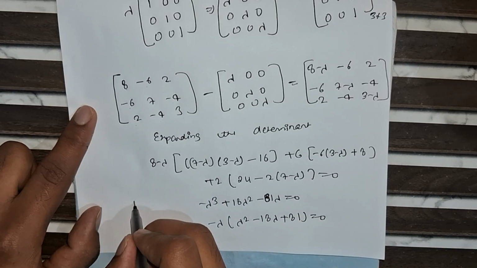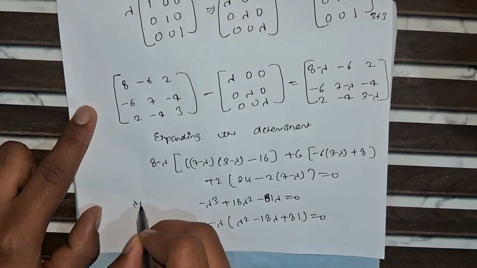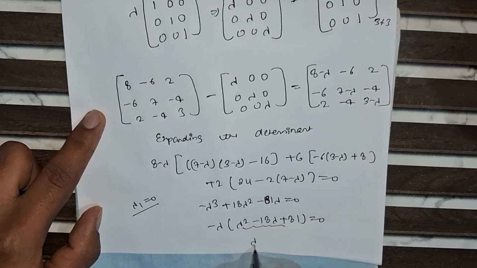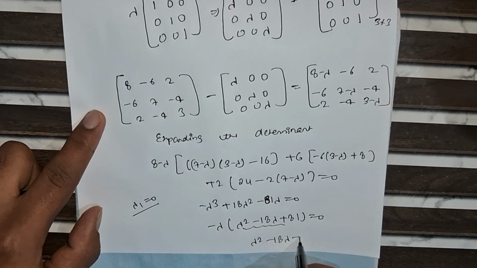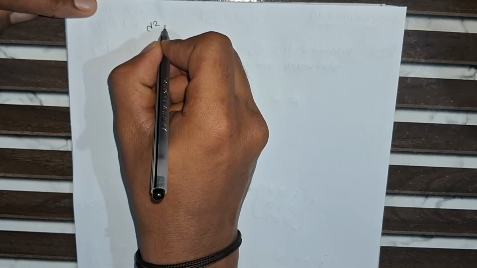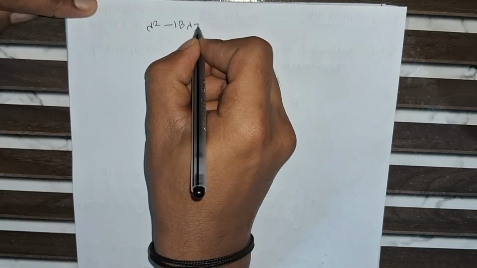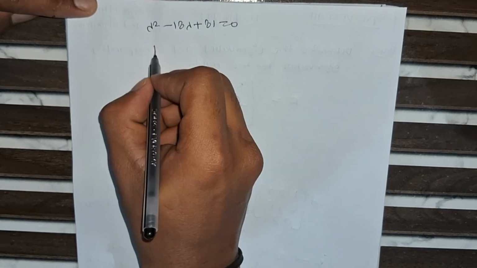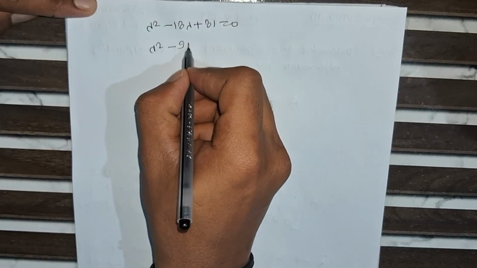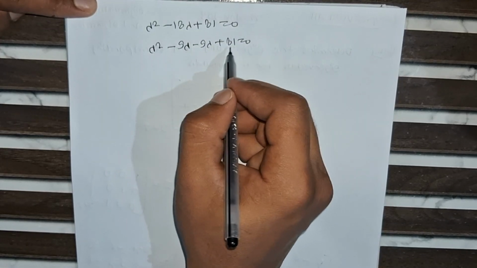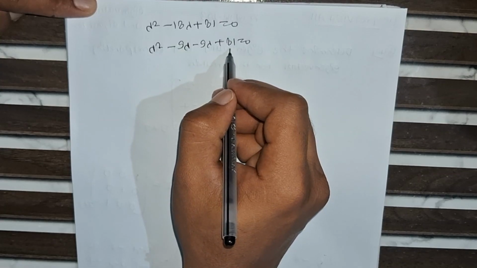So one condition is there, our one eigenvalue lambda 1 equals 0. And now solving the quadratic equation, lambda square minus 18 lambda plus 81 equals 0. We can split it as lambda square minus 9 lambda minus 9 lambda plus 81 equals 0, because 9 into 9 is 81.